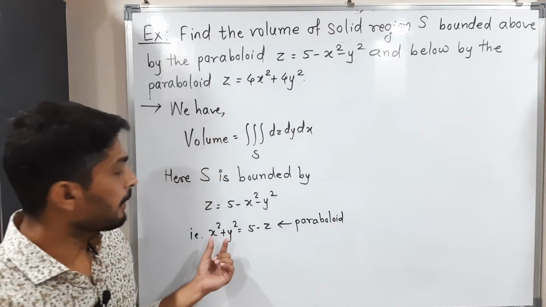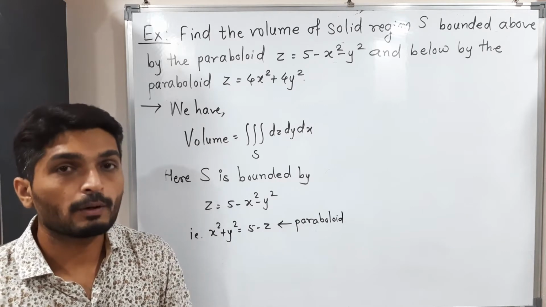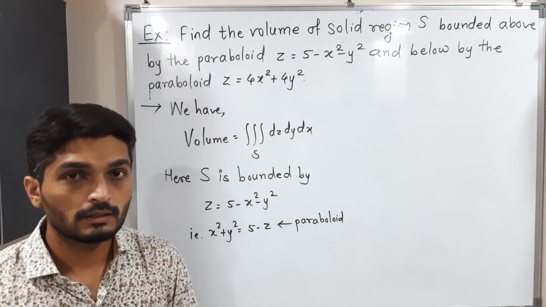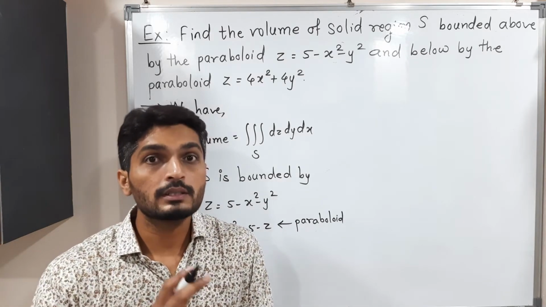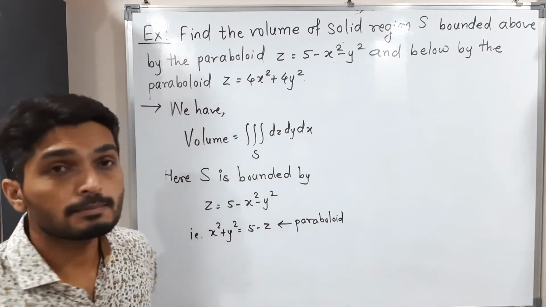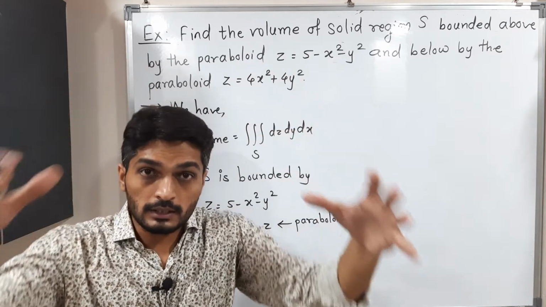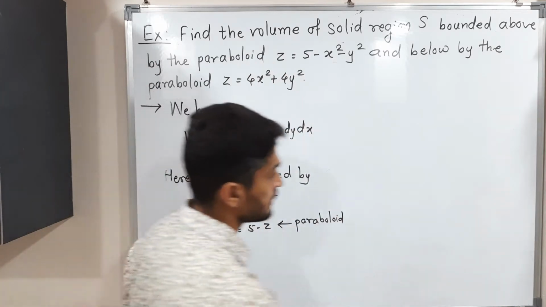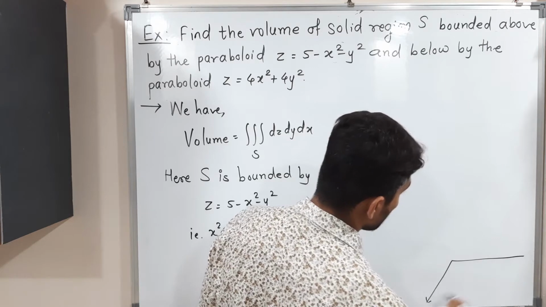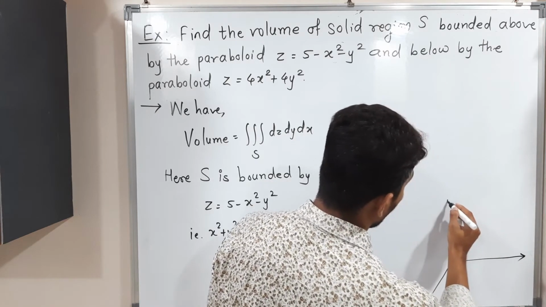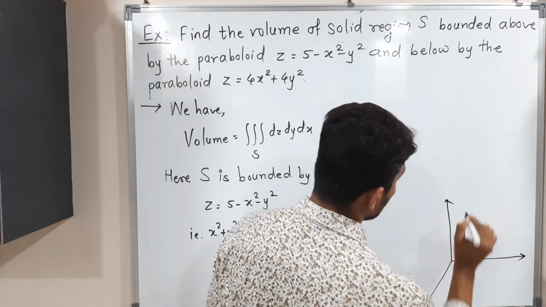Since the power of x and y is 2 and the power of z is 1, this paraboloid is rotating about the z-axis, but z has a minus sign. That means the paraboloid is in the negative direction of the z-axis. The diagram will be like this: y-axis, x-axis and z-axis.